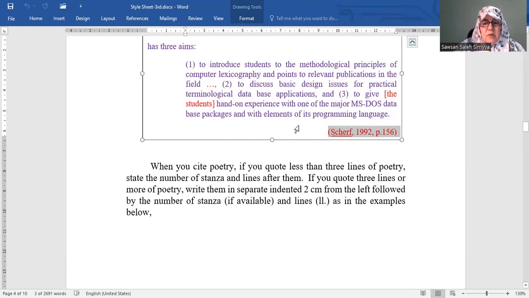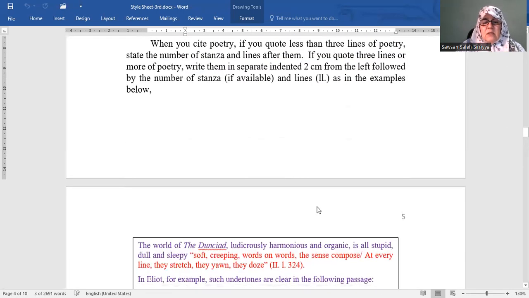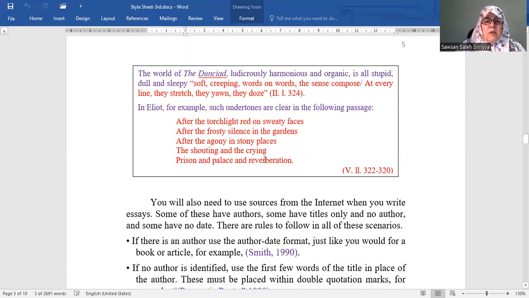And if it is in the middle, you use quotation marks. If you use 3 lines or more, write them separately indented 2 centimeters from the left, followed by the number of stanza, if available. And lines here, L, because they are more than 1 line. As in the example below, you see here, this is from the Dunciad.